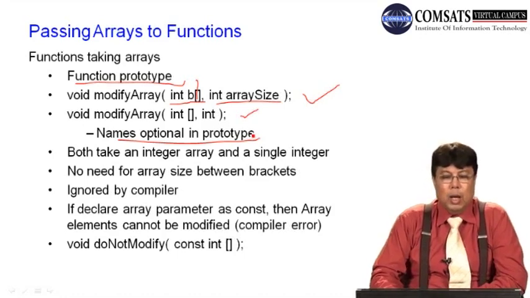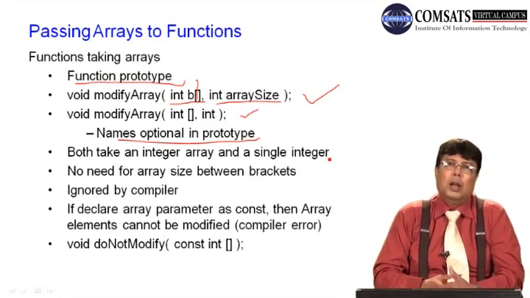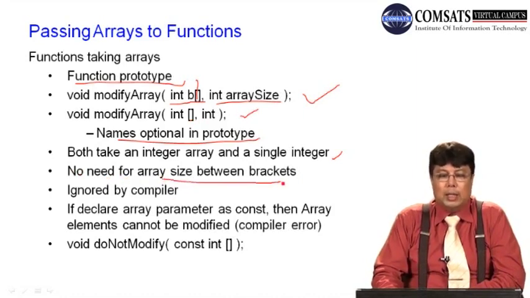Both an integer array and single integers can be passed. Whatever is valid for variables is also valid for arrays. Now, we have no need to specify the size between the brackets here. If you provide the size, the compiler simply ignores it.